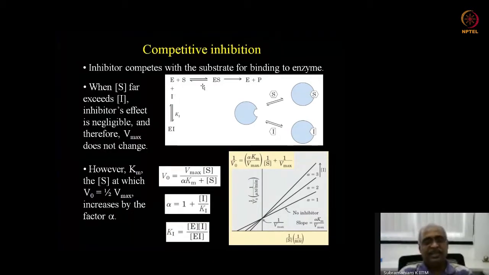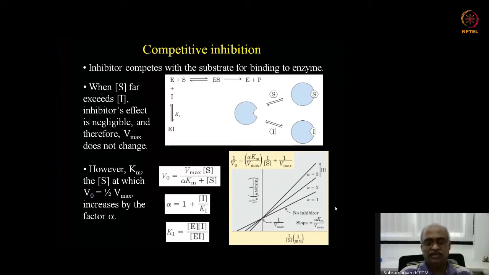As a result, Km increases, and because Km increases, the slope is going to change, because slope is Km by Vmax. So as you increase the inhibitor, the slope increases, indicating that Km is increasing. This slope change due to Km increase, but the ordinate intercept not changing, indicating Vmax not changing, is a hallmark of competitive inhibition. So simply by plotting the Lineweaver-Burk plot at different concentrations of the inhibitor, we can get an idea of whether it is a competitive inhibitor or not.